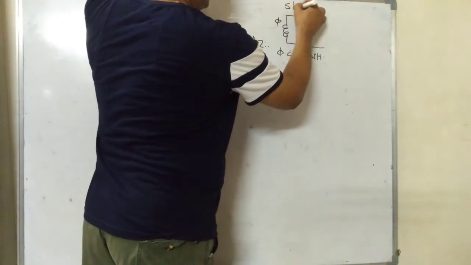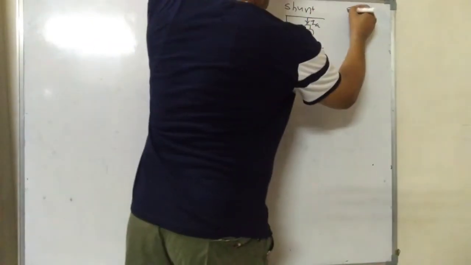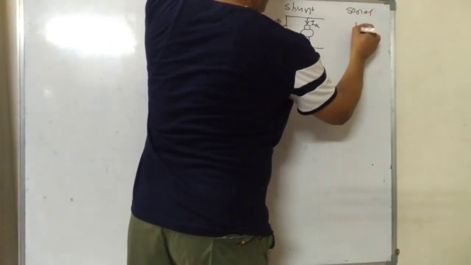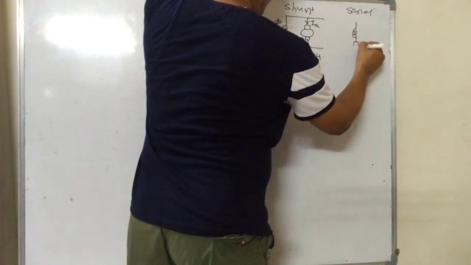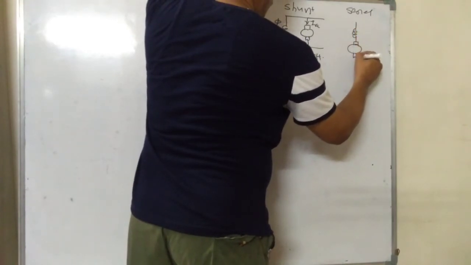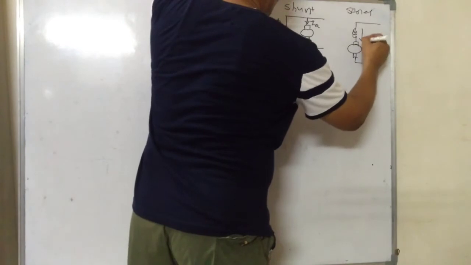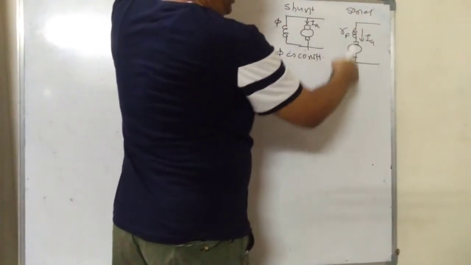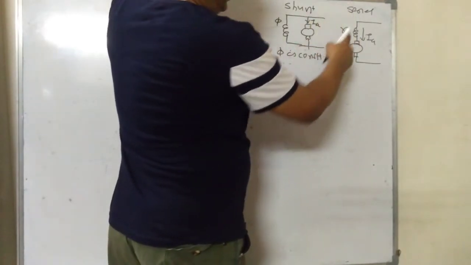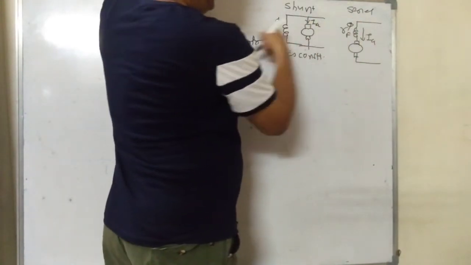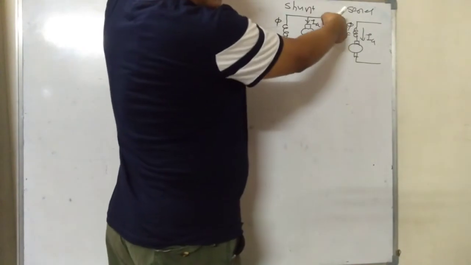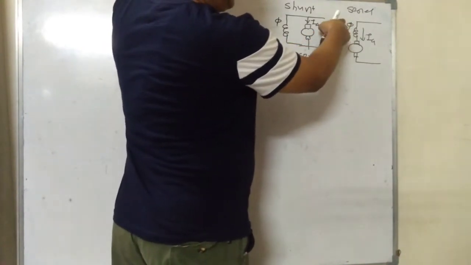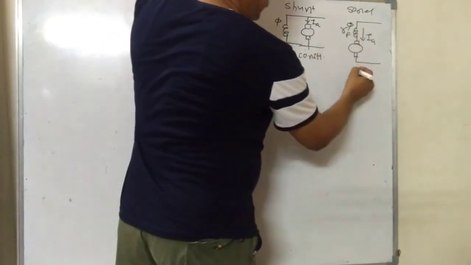But in series motor, the same current is flowing through the winding and flux is generated in the winding.